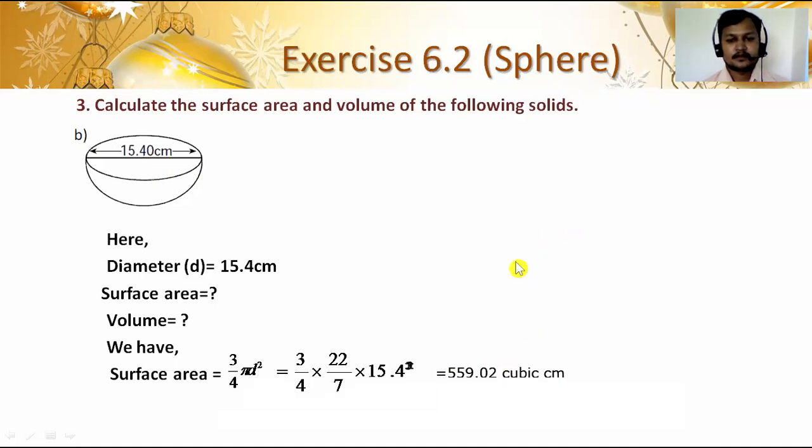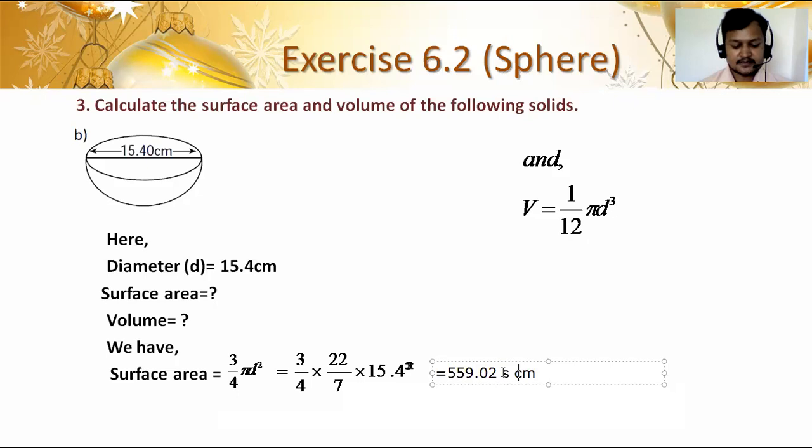centimeter. Next one, we have to calculate volume also, and if diameter is given, we know the volume of Sir, you have again written cubic centimeter here. It's square centimeter. Okay.